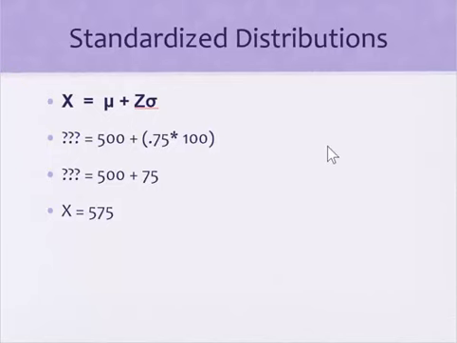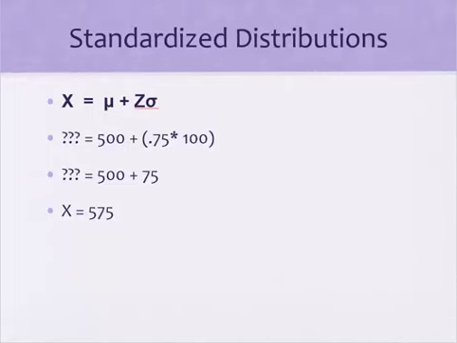And when we compute that, we see that the score is 575. Now, we're going to write that down. We're going to put that aside for now. We're going to come back to it, right?